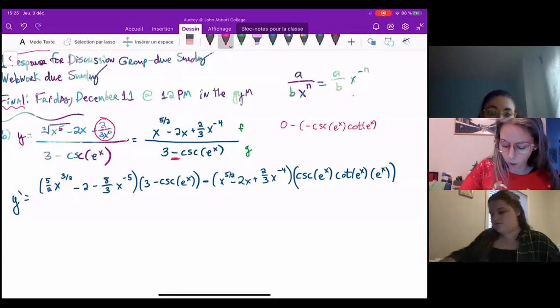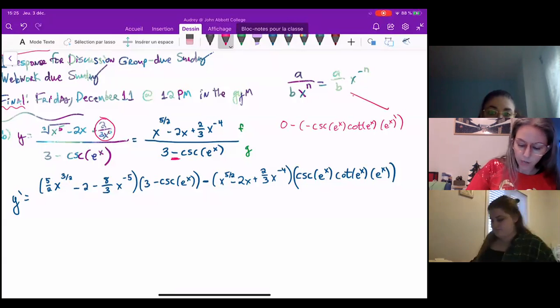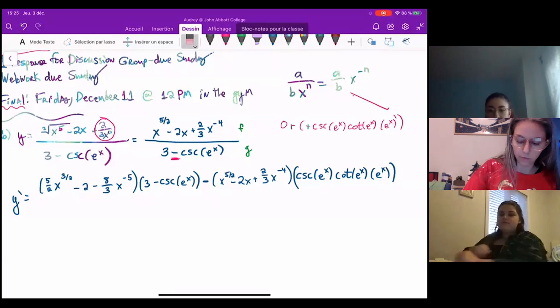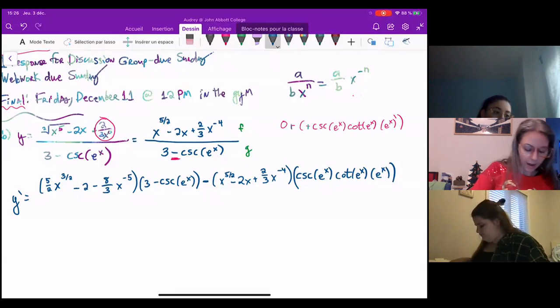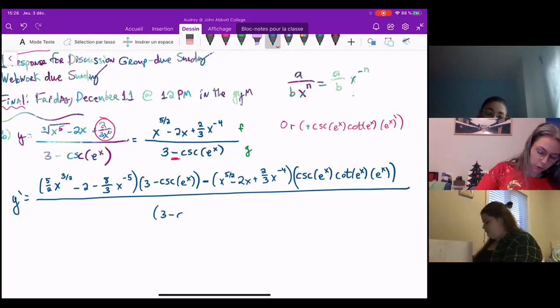So I had 0 minus negative cosecant of e to the x, cotangent of e to the x. And then my chain rule, I pull out an e to the x prime. So then those negatives end up canceling out with each other. And the derivative of e to the x, my chain rule, I have an e to the x pulled out at the end. And now I'm going to divide by the denominator squared.